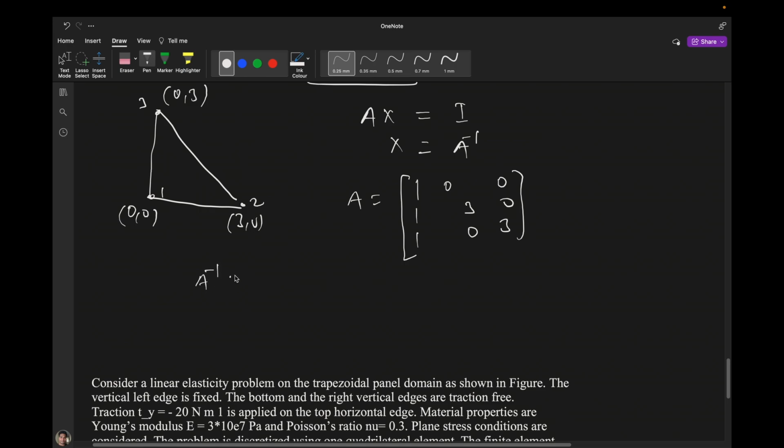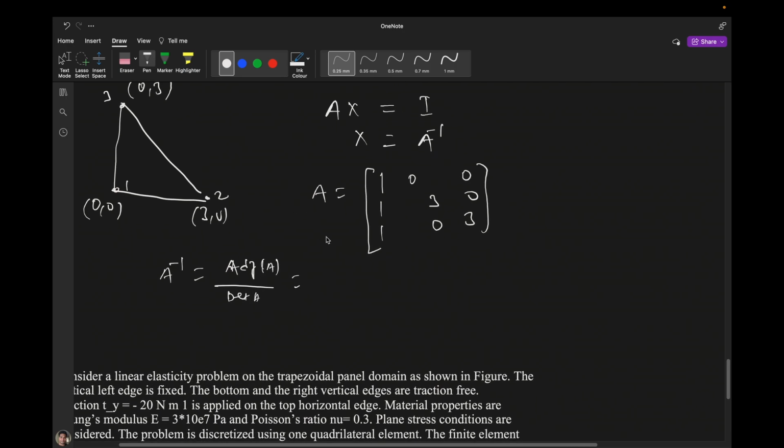Now I want to find the A inverse. So A inverse will be adjoint of A divided by determinant of A. And what will be the adjoint? Adjoint will be the transpose of the cofactors. So this will be 9, and if I remove this row and column, this will be 3, and this will be minus 3, and this will be minus 3.